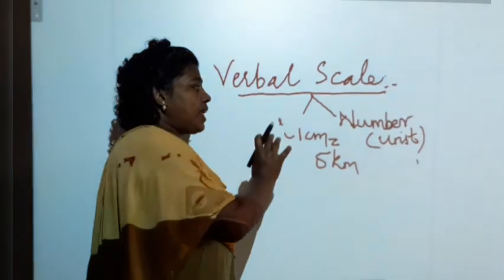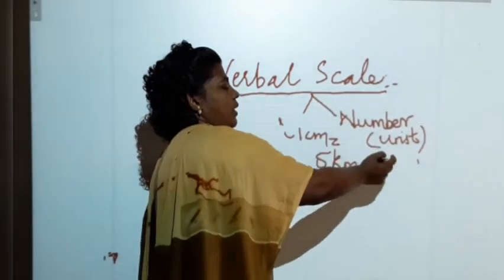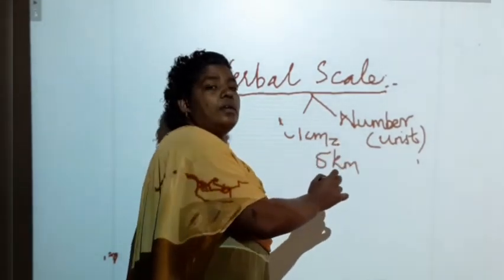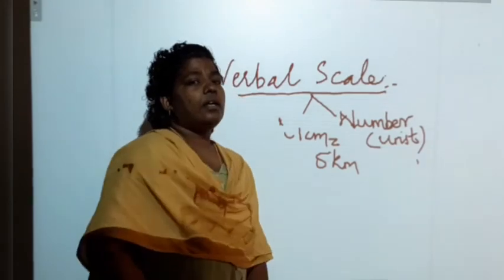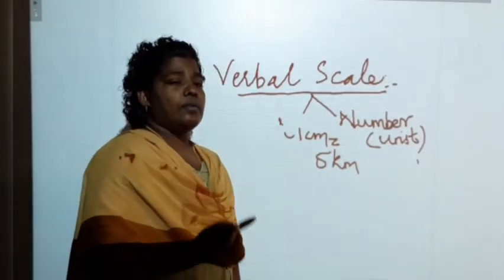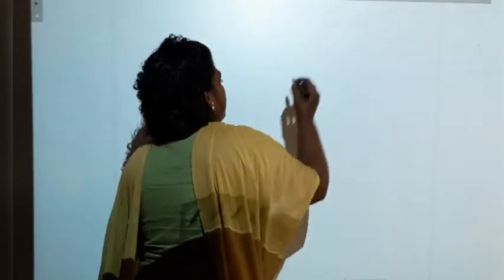The verbal scale is always noted in number or units. For example, 1 centimeter is equal to 5 kilometers on the ground. Did you understand?